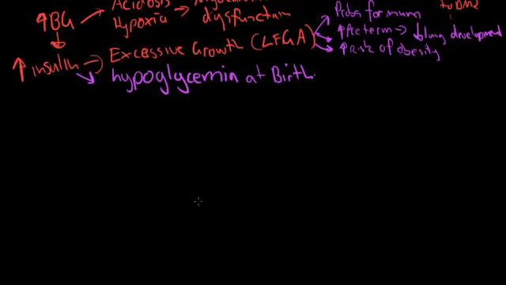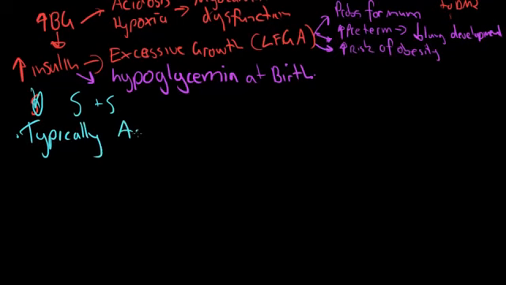So the next thing I want to talk about is signs and symptoms. Unfortunately, it is typically asymptomatic, I guess. Unfortunately for the diagnosis, I guess. There are sometimes some symptoms.